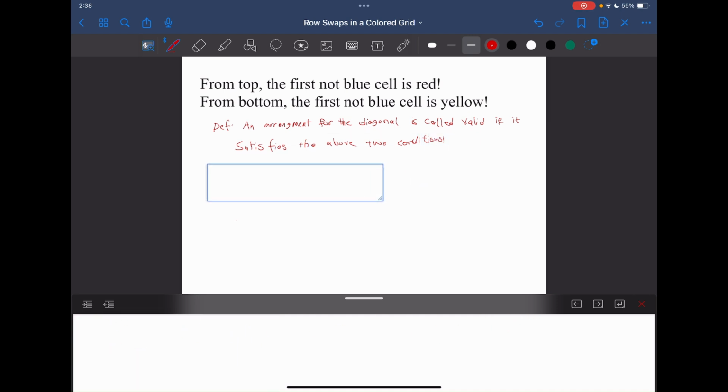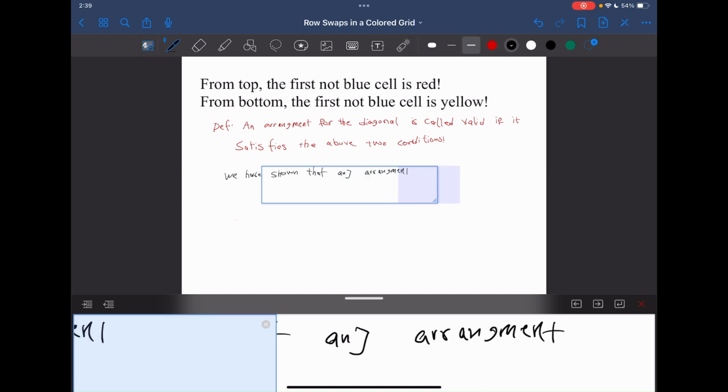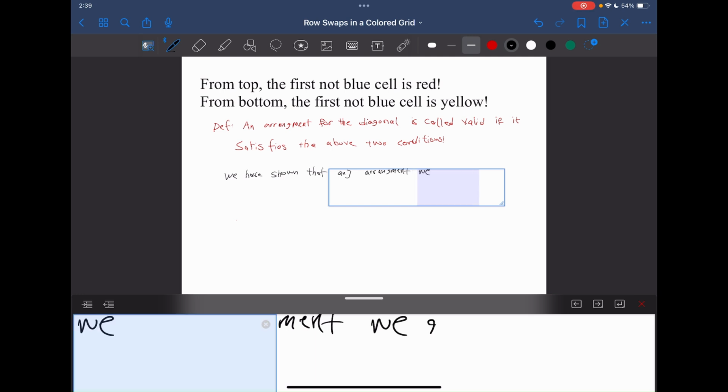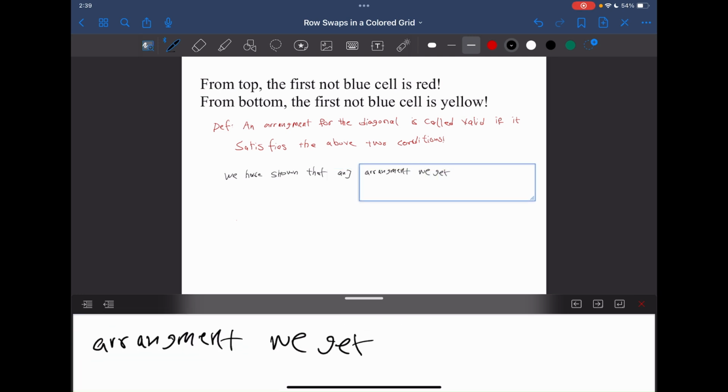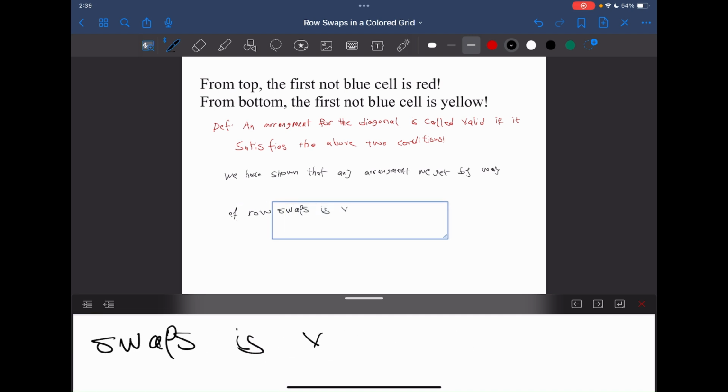So we have shown that any arrangement we get by way of row swaps is valid.